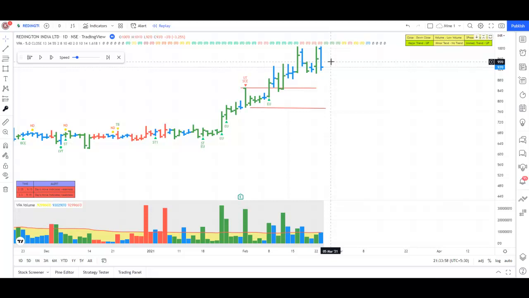You will find the upthrust bar in many places in the stock charts, but once you encounter the upthrust bar, we need to observe the high and low of the upthrust bars and see the further movement of the prices to determine whether the weakness has come in or strength has manifested.